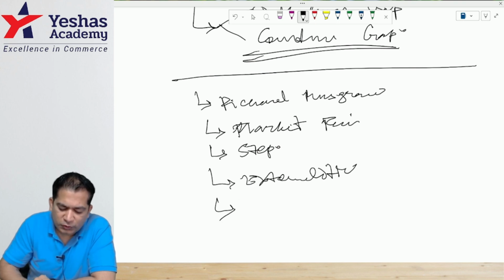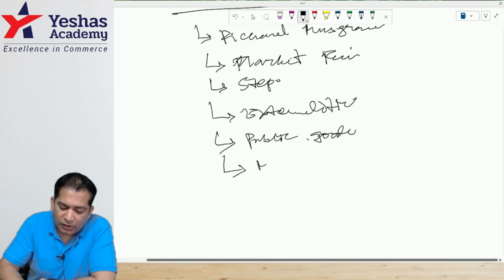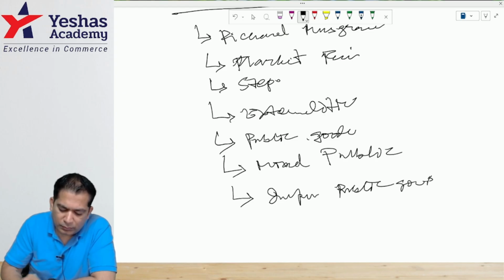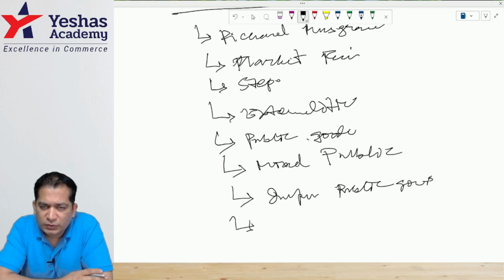Then you also have to figure out the characteristics of public goods, and you will get related questions from here. Public goods, what is a mixed public good? What is an impure public good? Why public goods are underproduced and underconsumed in the economy?